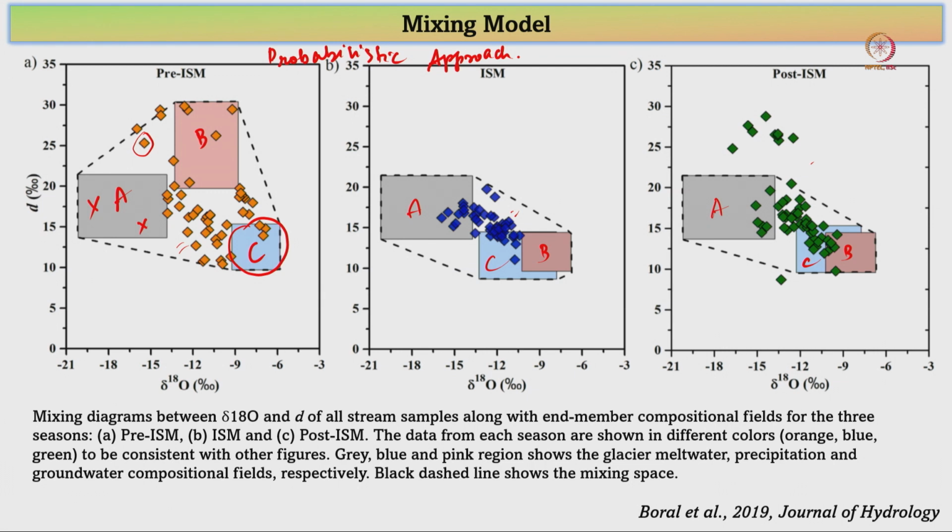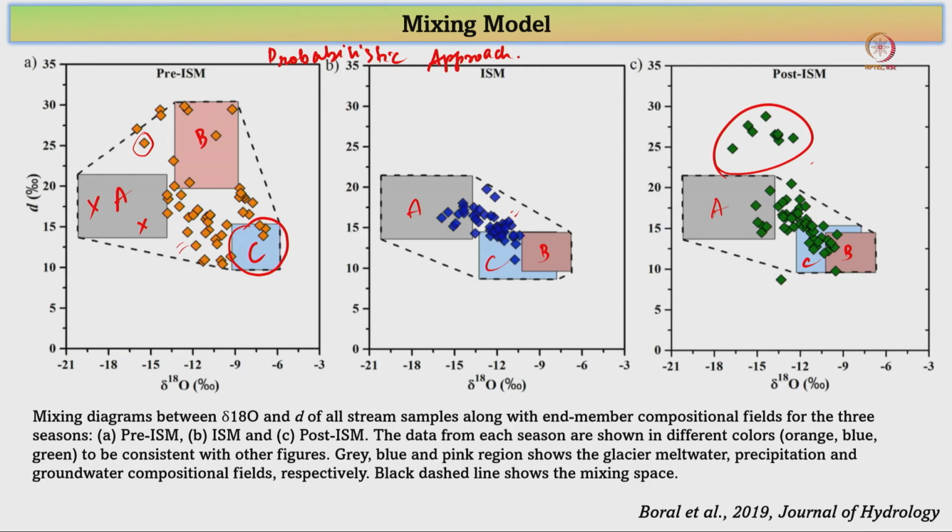Okay. So, this is another type of doing mixing models, and what we do call this black line is we call it as a mixing space. Now, what will happen? Sometimes some values will fall outside my mixing space. What to do at that time?